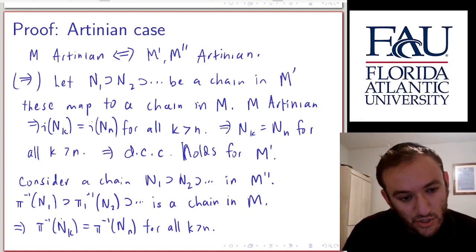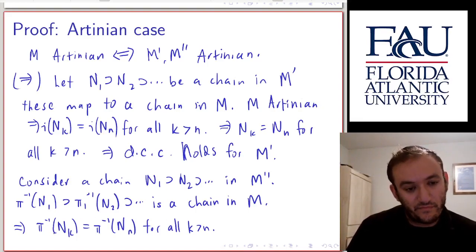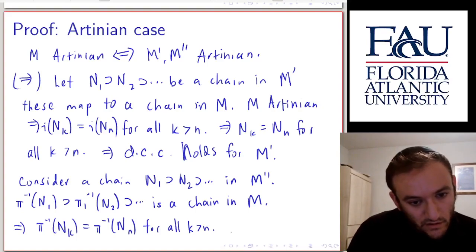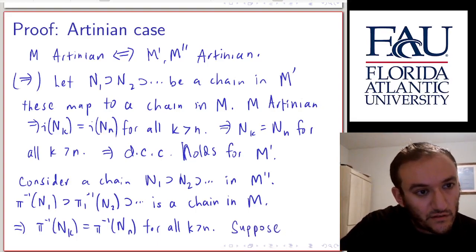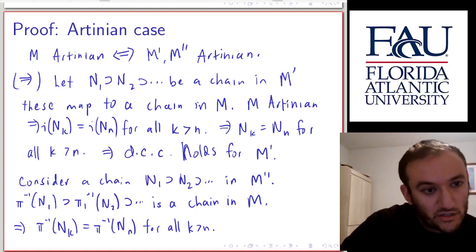So how do we show that this implies that the chain stabilizes in M double prime? Let's take a new page.